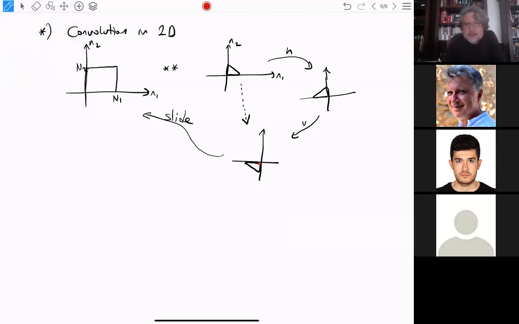This red dot, this coordinate may be A, and then you will just need to multiply that A value with the separate A, B, C, D values in the original rectangular image, as I have illustrated. So folding and sliding over the other one is a way to make convolution in 2D.